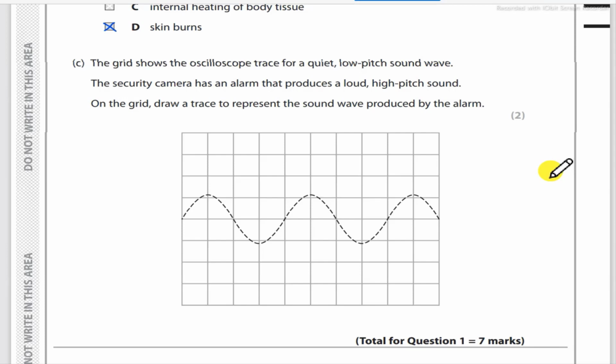On the grid, draw a trace to represent the sound wave produced by the alarm. It has high pitch, that means frequency is higher, and loud sound, that means amplitude is higher.